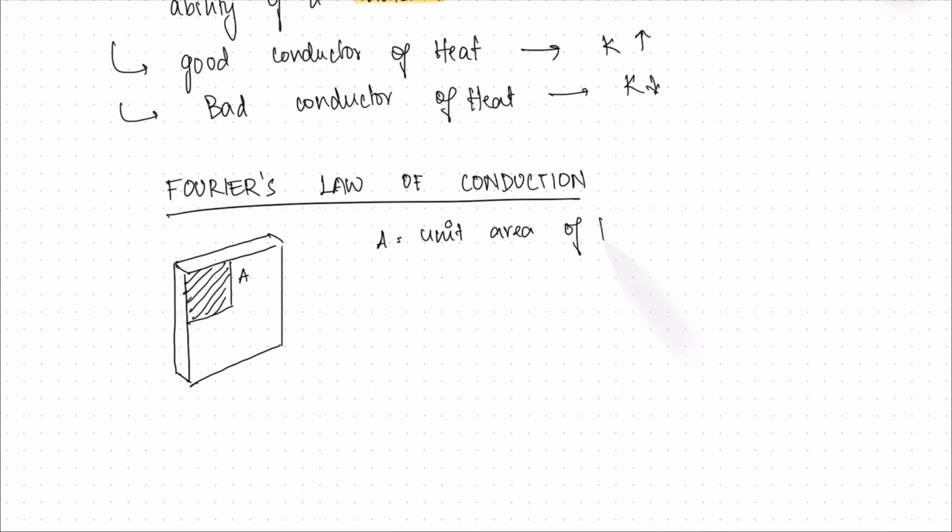So in the unit area of a wall or any other building component, this is the heat that passes through it, which is Q. So Q is your rate of flow of heat, or your heat gain.